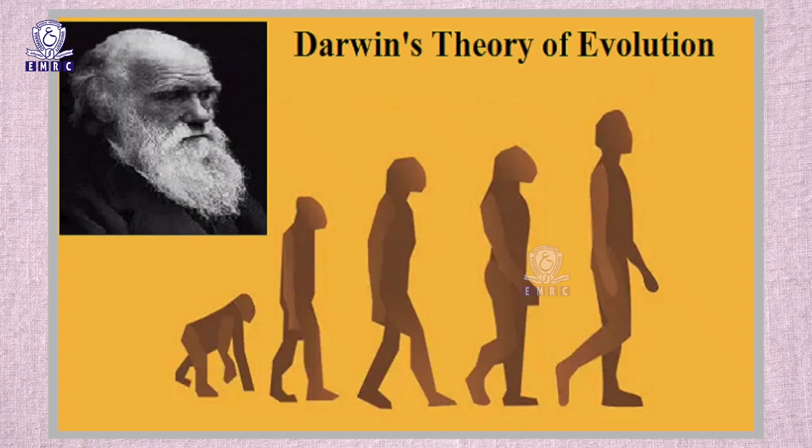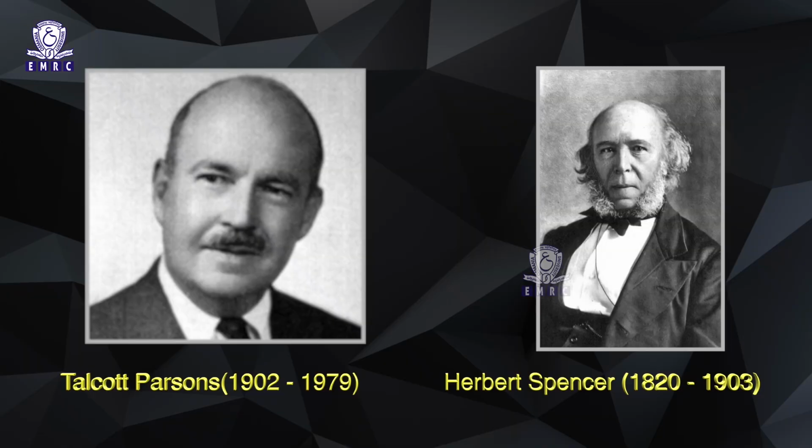Particularly after Darwin, evolutionary theory became a prominent approach for interpreting social developments. It was proposed by him that natural selection occurs in which the fittest survive and the weak are eliminated. Evolutionary thinkers from Herbert Spencer to Talcott Parsons have all used this concept.